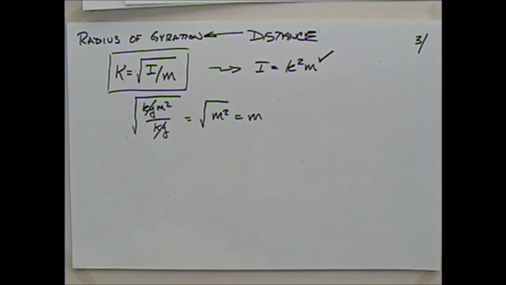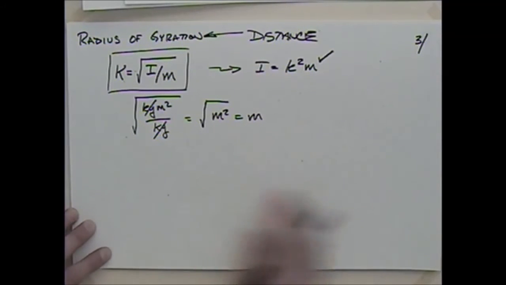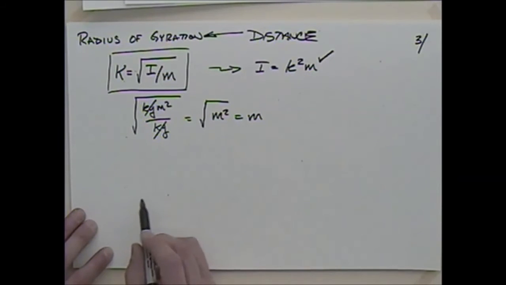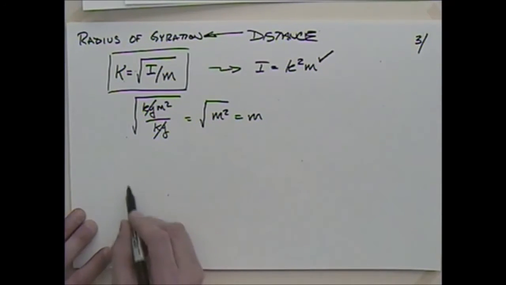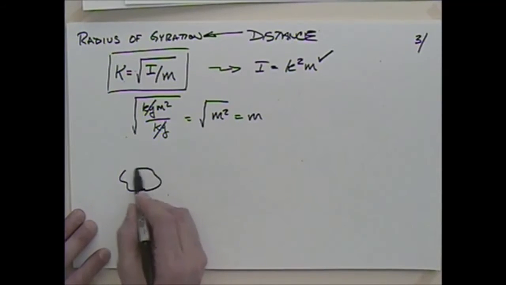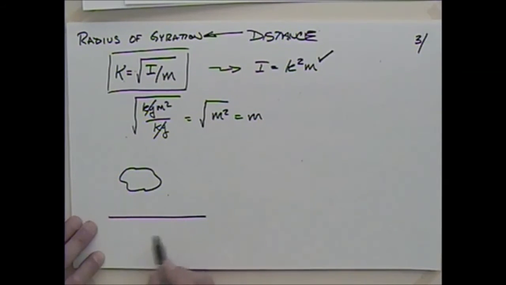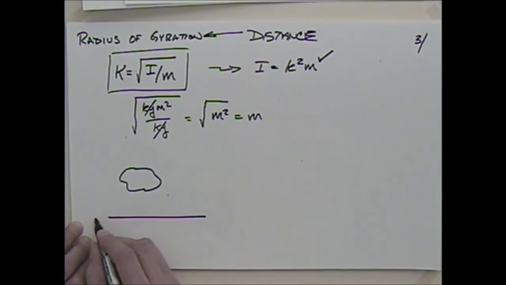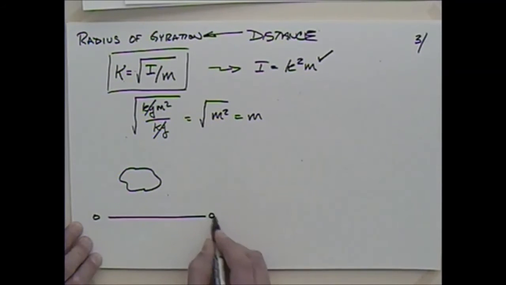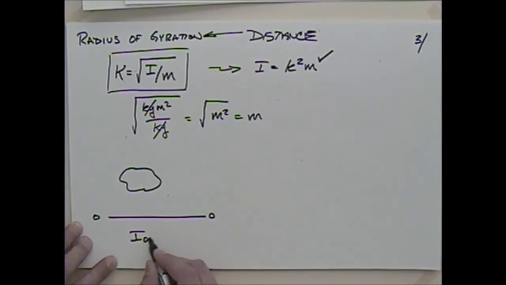And then there's people who ask, what does this mean? And what it means sometimes bothers people. But let's say that we had a body here, and we had some reference axes. And we talked about the mass moment of inertia about this axis, so OO, and we talked about I, OO for this particular body. Come up with a number, right?